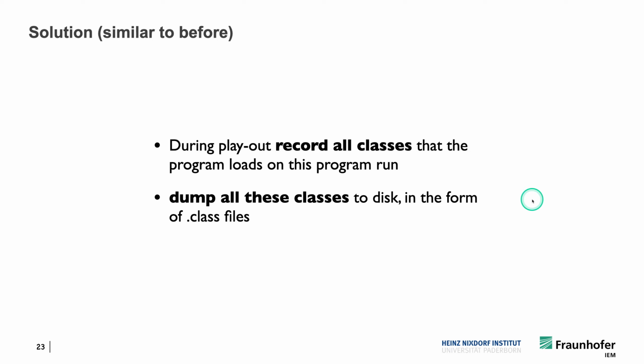So the way we thought we would deal with this, and this actually seems to work, is we would do a trick. Namely, during playout, we don't just record the reflective method calls, but we also record all the classes that the program loads on this particular program run. And then we simply take these classes and dump them to disk into a flat directory in the form of simple class files.